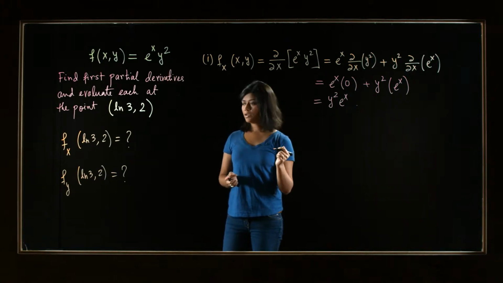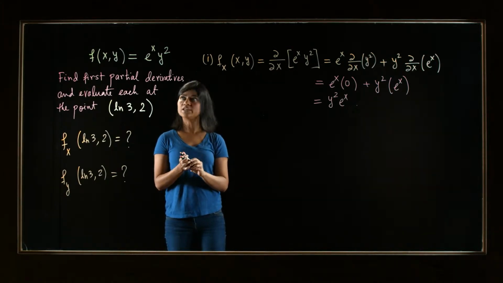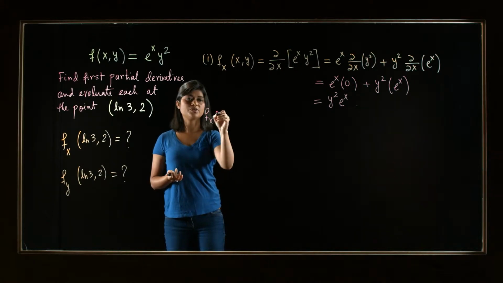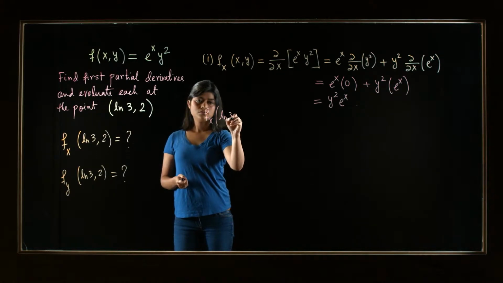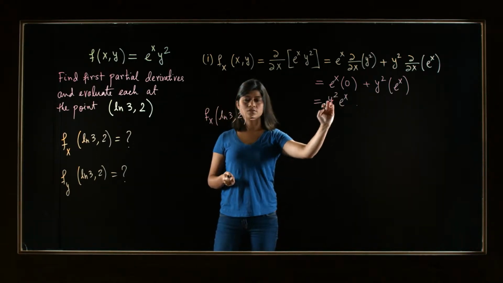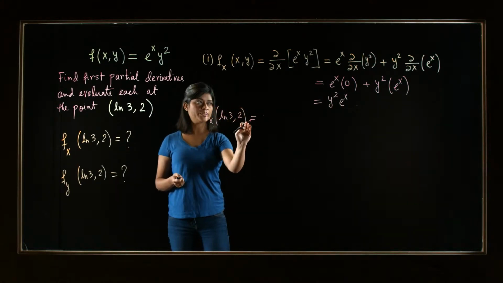Okay, and let's compute the partial with respect to x at this point right away. We already know what the derivative is. Now we have to evaluate that expression at this point.